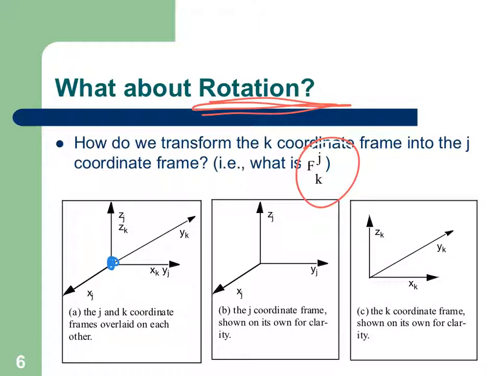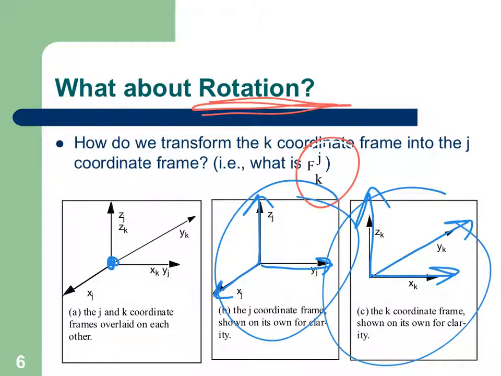But in the J coordinate frame, x comes out of the screen, y goes to the right, and z goes up, whereas in the K coordinate frame, x goes to the right, y goes into the screen, and z still points up. But remember, these two pictures on the right here are just to make it easier for you to understand what this picture looks like. This is the real picture with the two frames having the same origin.